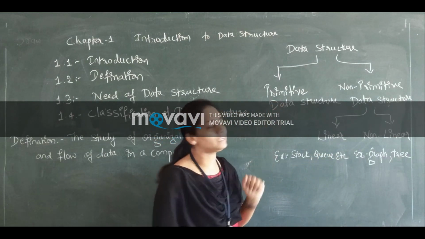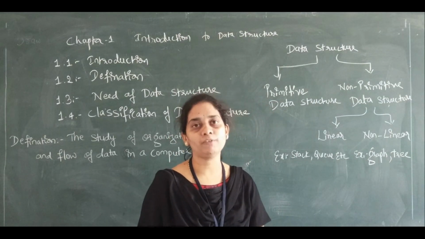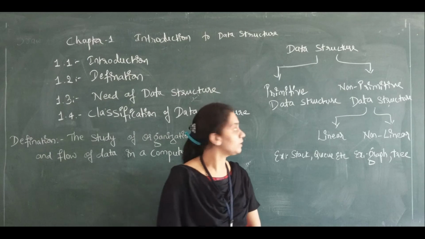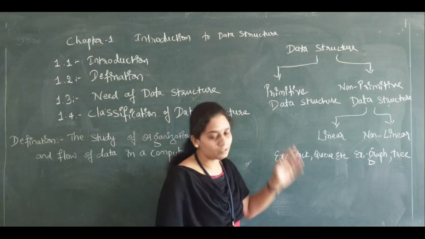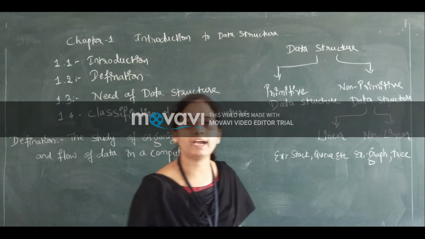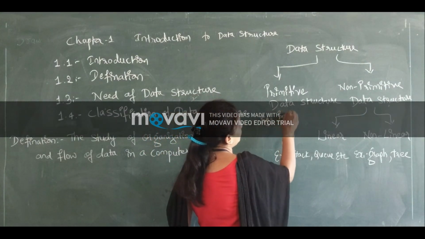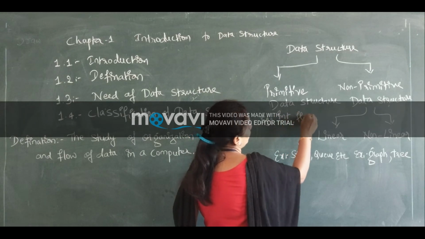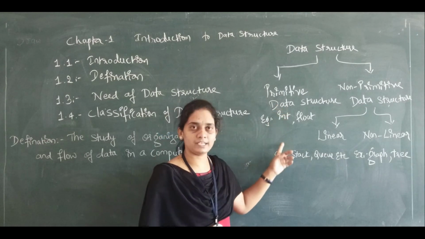Primitive data structures are nothing but the building blocks of any data structure. These are already saved. For example, int, float, char: integer, float and character. These are examples of primitive data structures.